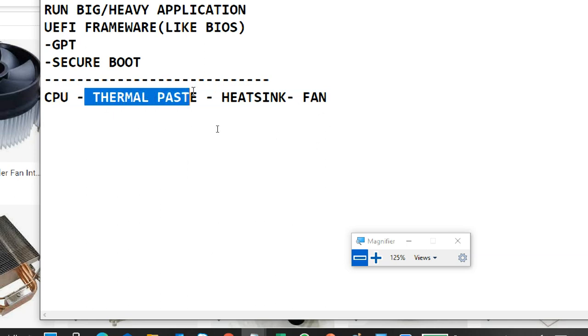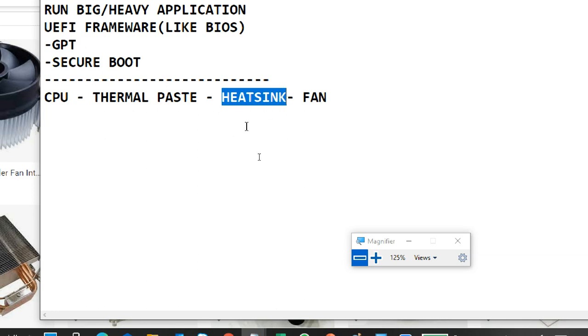So you have to make sure the heat sink paste is good. Second, the heat sink is properly installed. Third, is it covered with dust? That is also important. If it is covered with dust, the fan won't get heat and won't run properly.